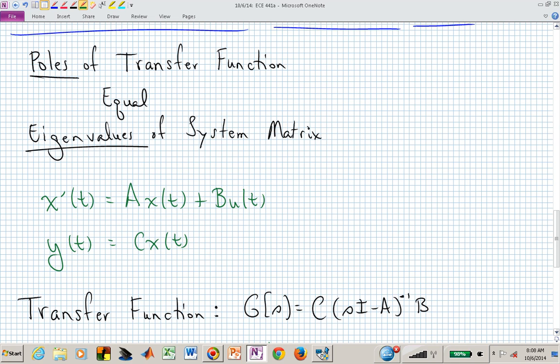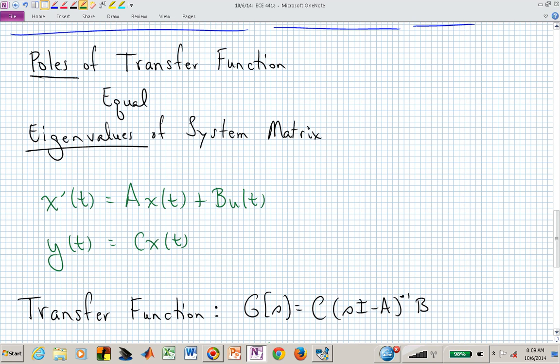That was a vague question, but now I'm wanting the word proper to be in your description of this system. What kind of a system is x prime equal Ax plus Bu, y equal to Cx? It's strictly proper because we do not have that direct feed-through term; the D matrix in the output equation is actually 0.